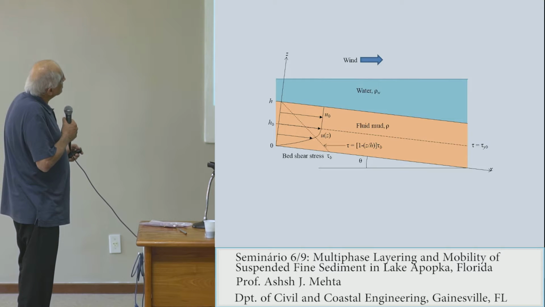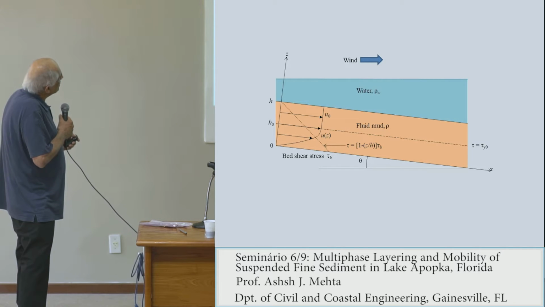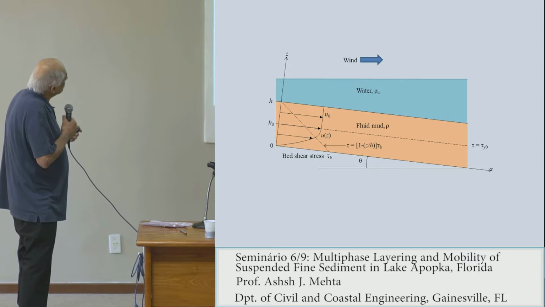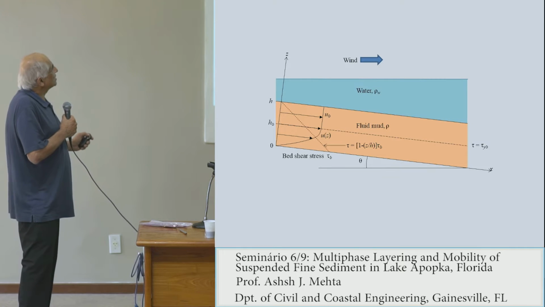What's happening here is that this fluid mud has some shear strength. So in this layer, from H0 to H, the shear stress is too small to cause the layer to shear. So it all moves down together.